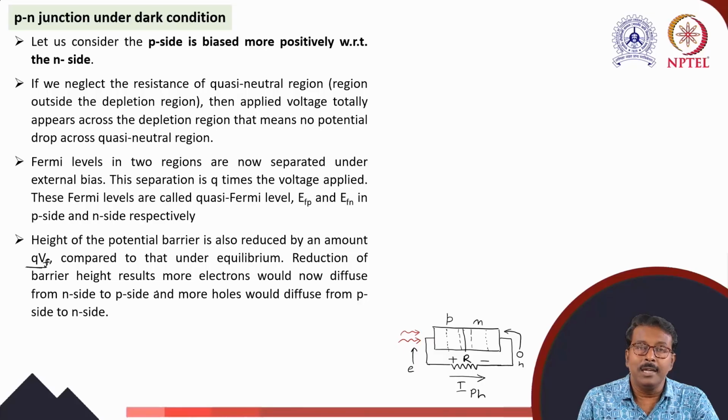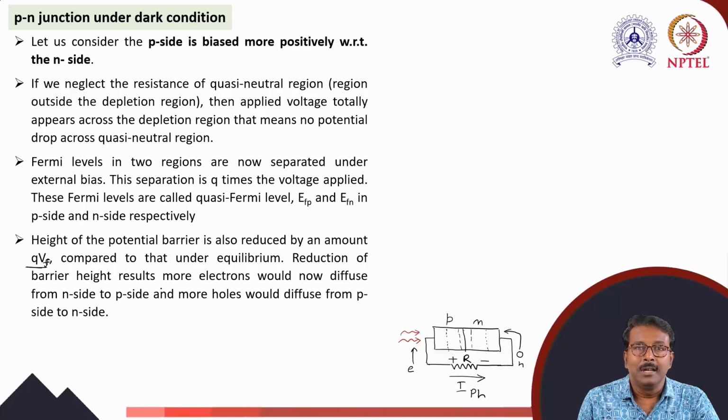So in N side, the already present holes, that was the minority equilibrium hole concentration, will be increased. Similarly, in the P side, injected electrons from N side will be minority, and this will add to the minority at equilibrium.